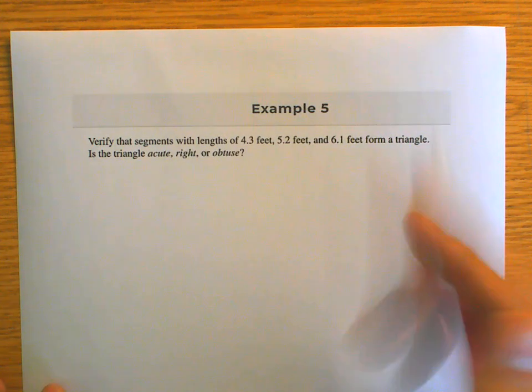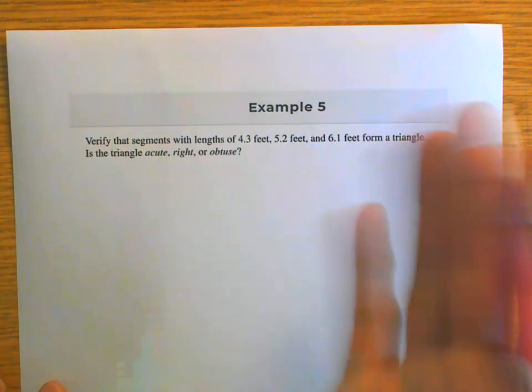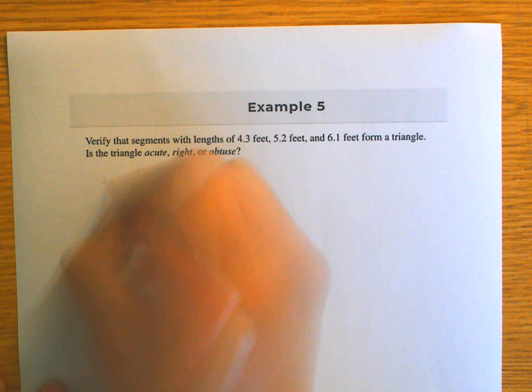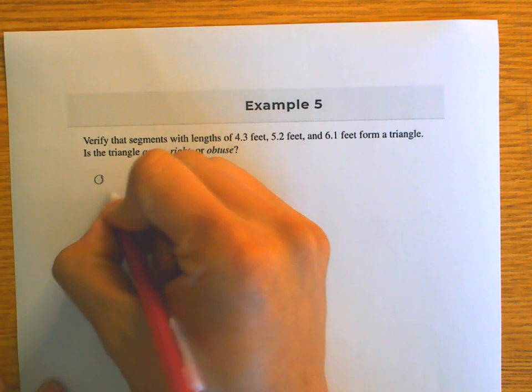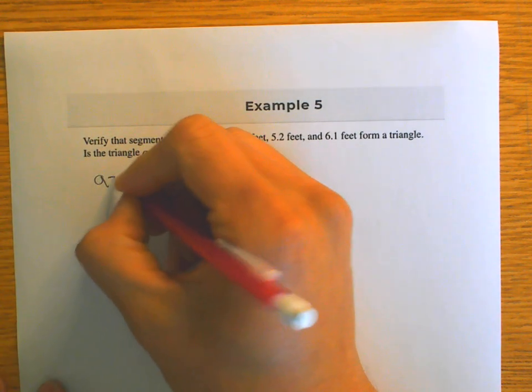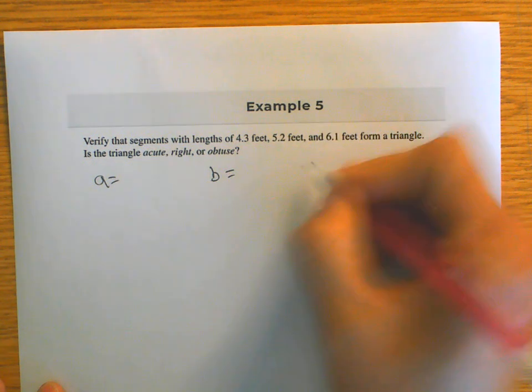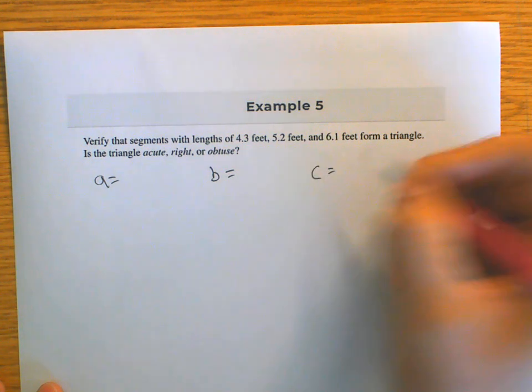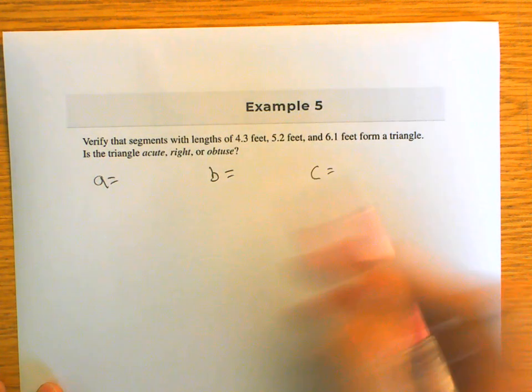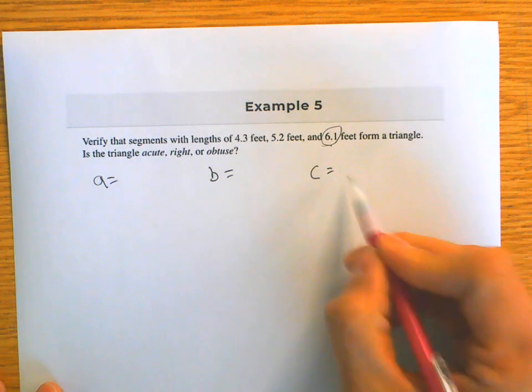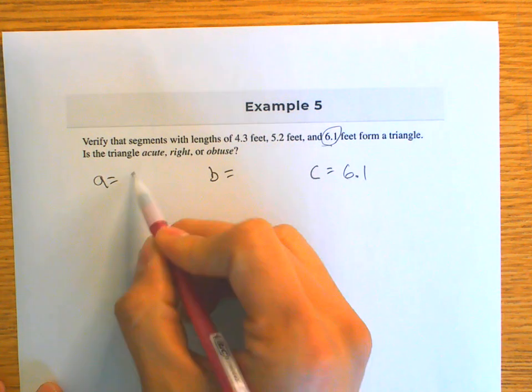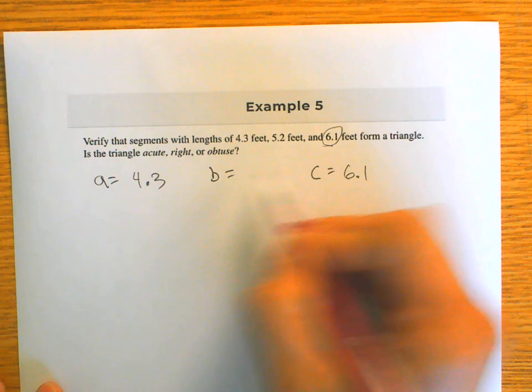So let's put these values here in order, or actually they are in order. So A, B, and C. Remember, the largest one has to be C. And it just so happens that 6.1 is the largest one, and then 4.3 and 5.2.